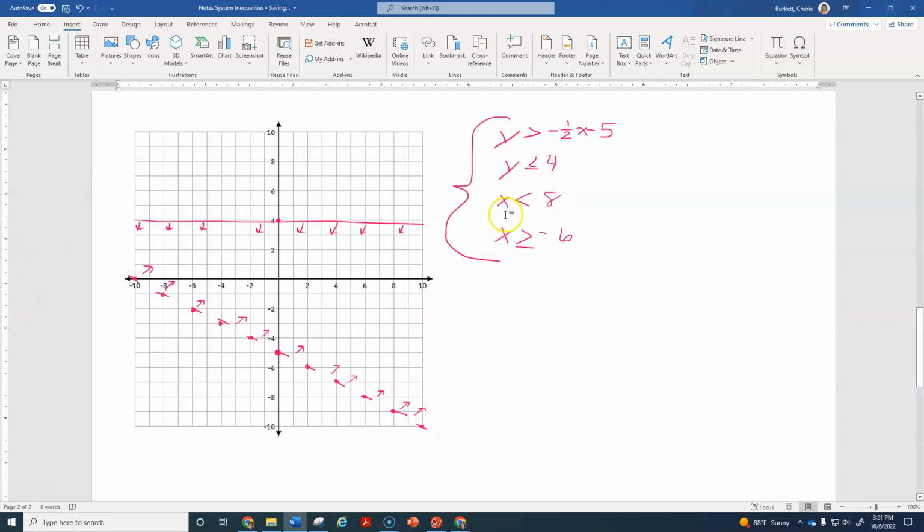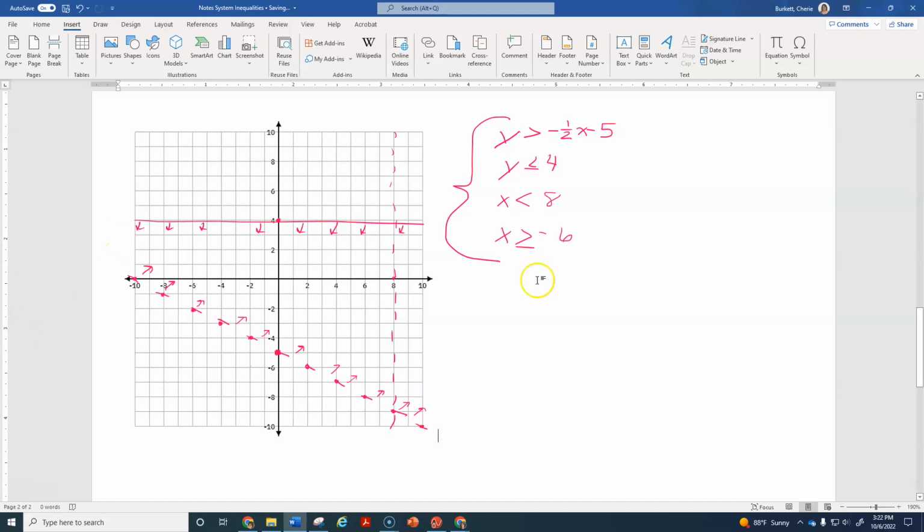This says x, so that means I'm going to be crossing the x-axis. Where am I crossing the x-axis? At 8. So I go to 8 on the x-axis. It's going to be a vertical line, and this one is dotted, because there's no bar under the inequality.